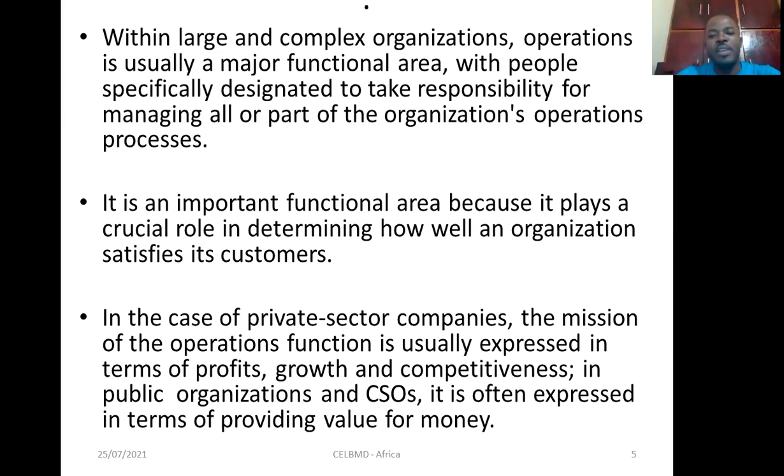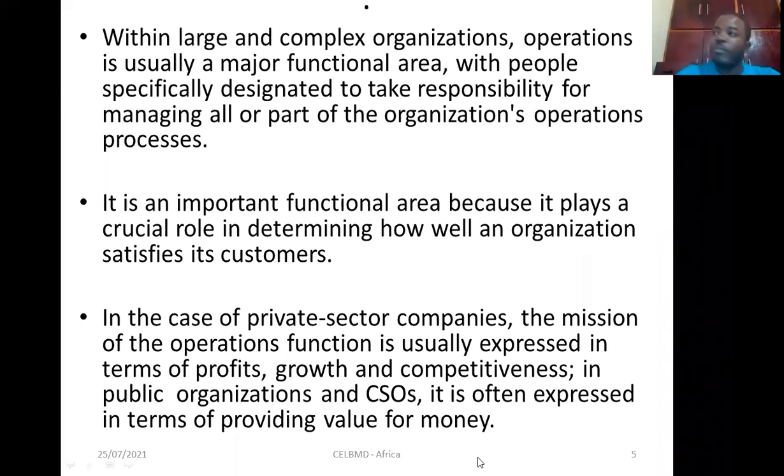And so it's a very important functional area because the crucial role in determining how well the organization satisfies its customers is domiciled in the portfolio handled by the operations executive or the operations officer or the operations staff, referred to variously in various organizations.